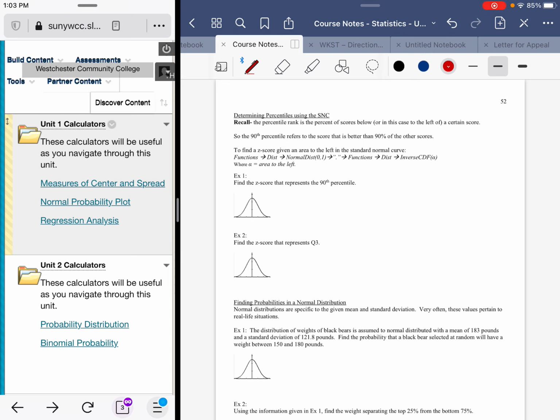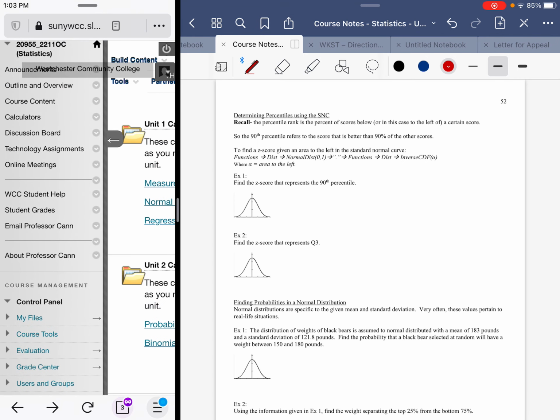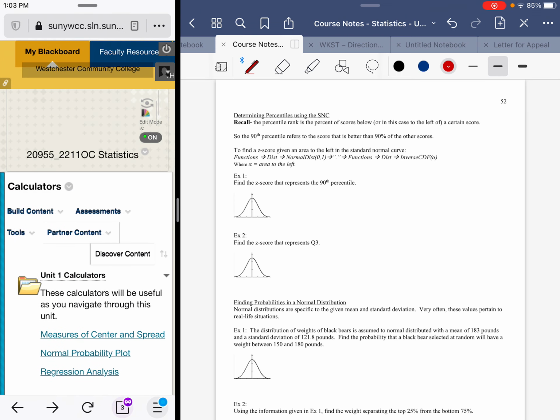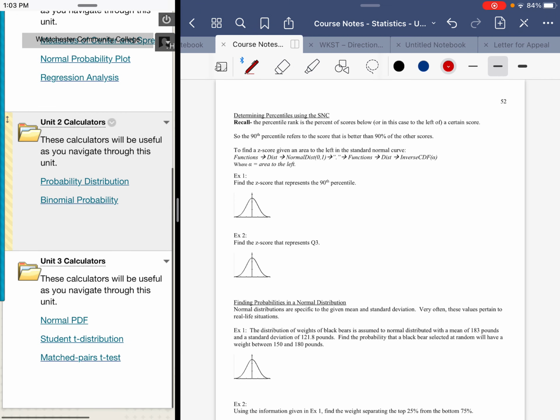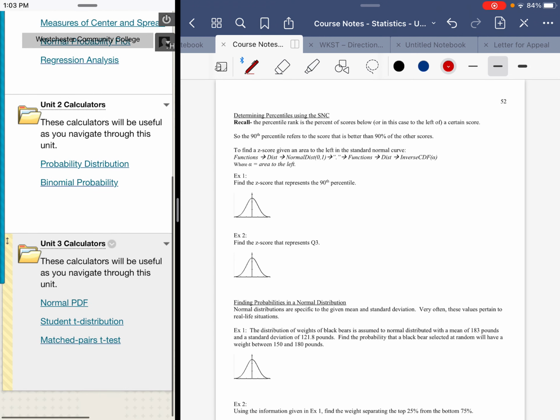Before we get started on that, I wanted to remind you that in the calculators tab of Blackboard, you can access the different calculators that I've posted up over time related to the content in the respective units. All right, so the one that would be appropriate in this case would be in Unit 3, specifically normal PDF.